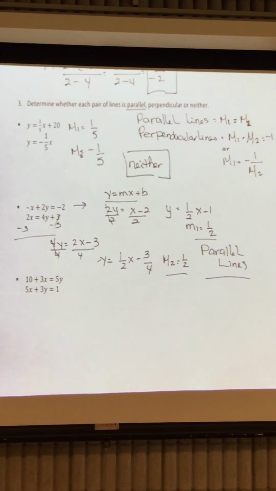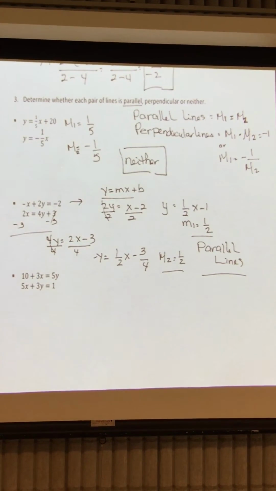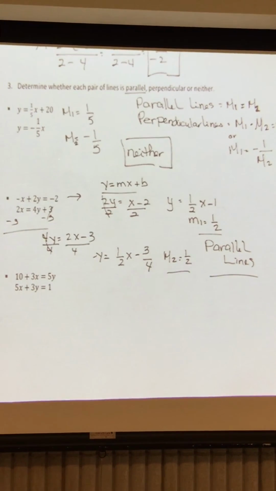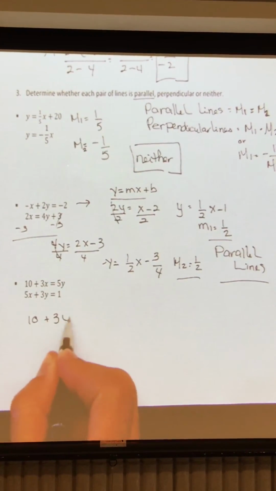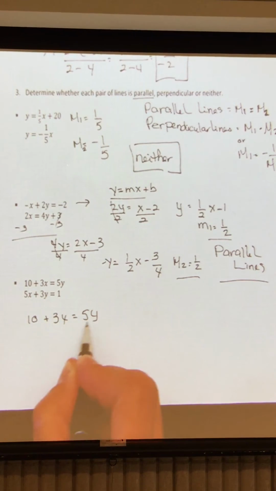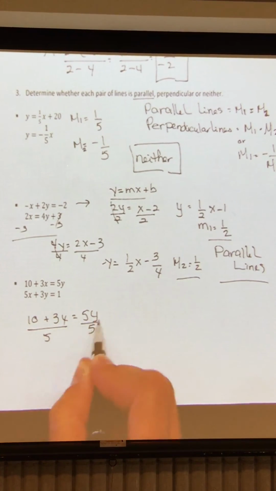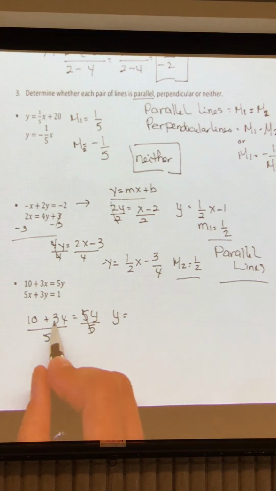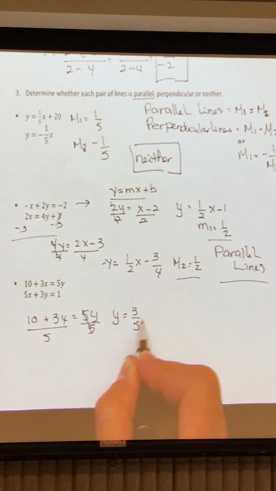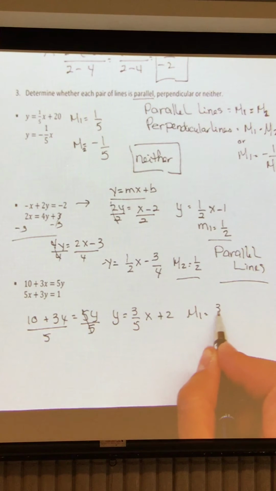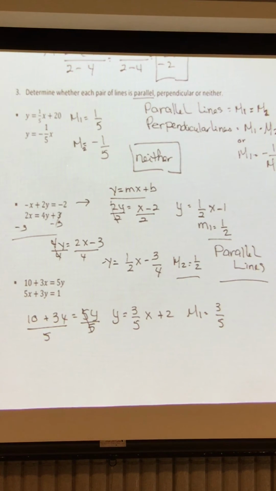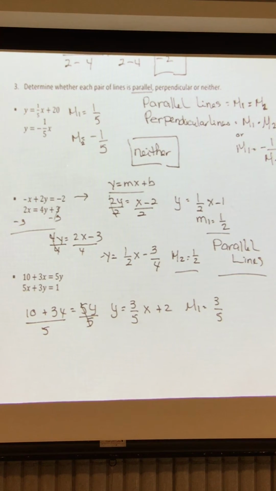And the last problem, let's get the y alone here. So we have to divide both sides by 5. So we have y is equal to 3/5x plus 2. And the slope of this line is 3/5. Let's look at the second line. 5x plus 3y equals 1.